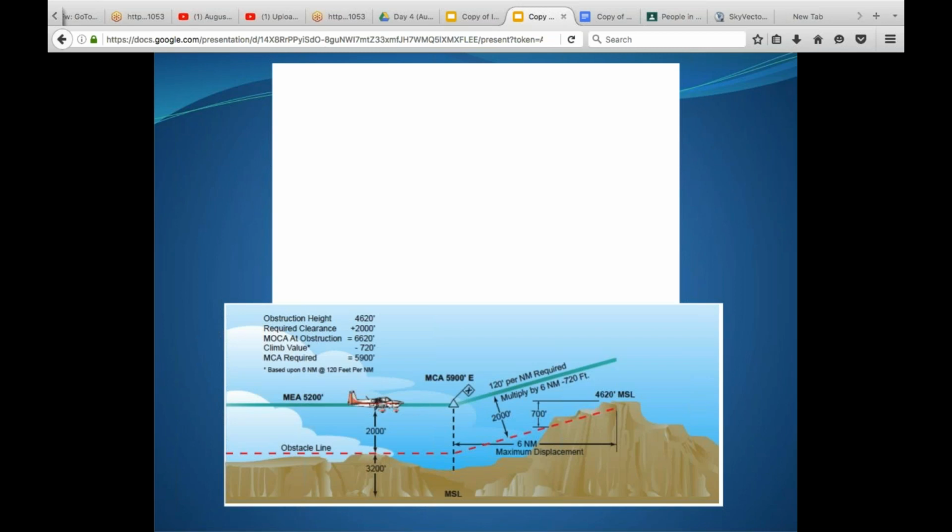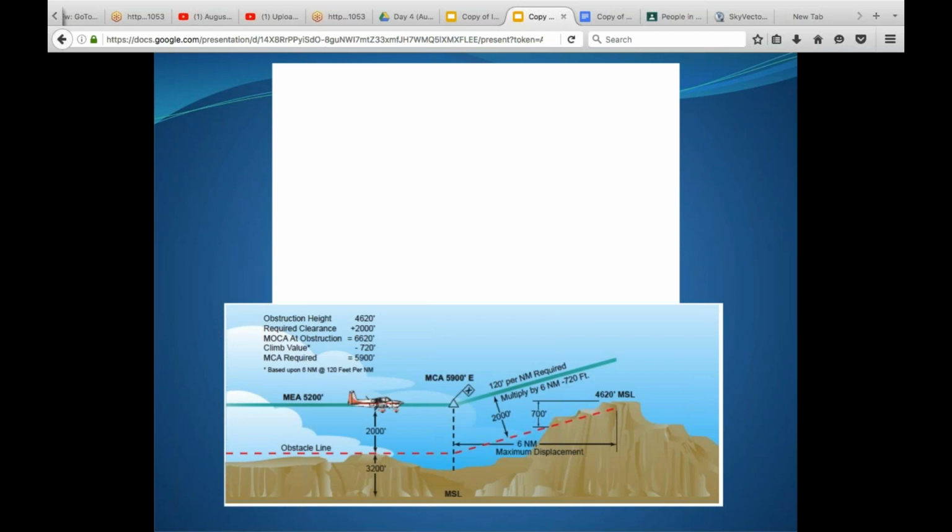In aviation and also in maritime, we use what are called nautical miles. A lot of our aviation terms are based off of maritime nautical terms, so you'll hear us use nautical miles a lot.